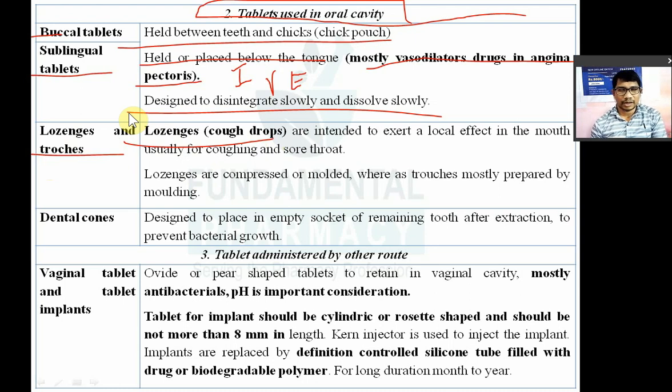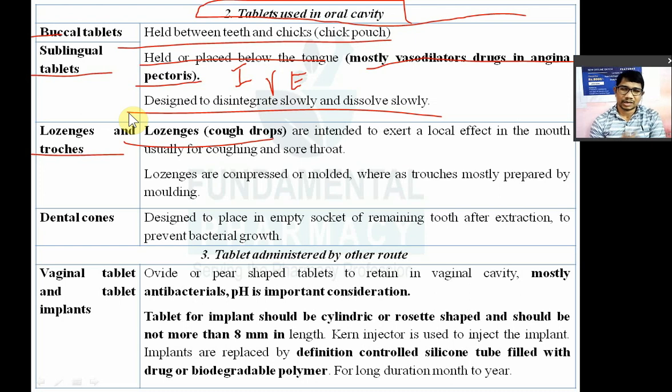There is one more: you must have seen the advertisement on TV, Strepsils for coughs. All of them are known as lozenges. They are intended to exert their local effect in the mouth, usually for cough and sore throat.